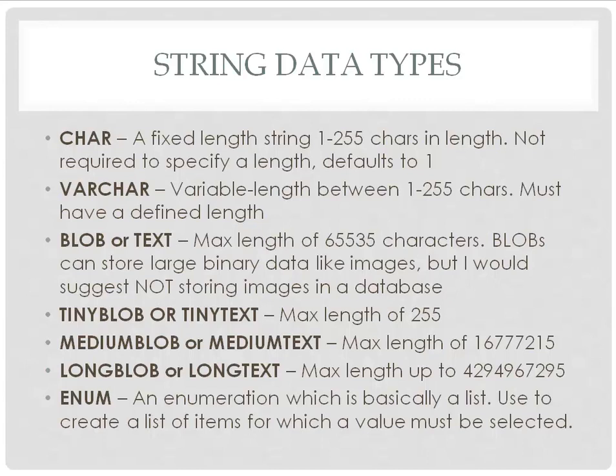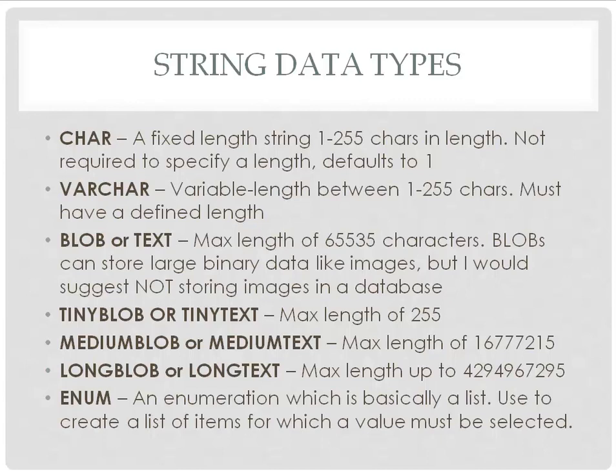And it has a max length of 65,535 characters. Blobs can store large binary data like images, but I would not suggest that you keep images themselves in the database. You want to keep the location of the image and then have the image reside on your server. Tiny blob or tiny text has a max length of 255.